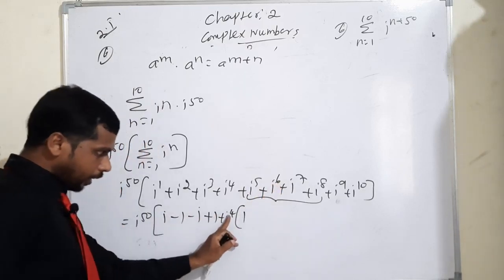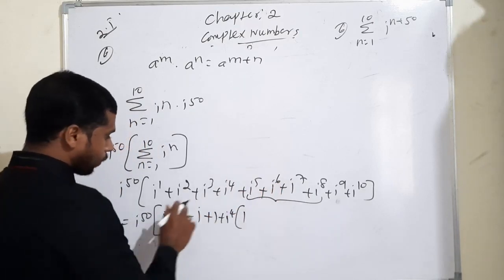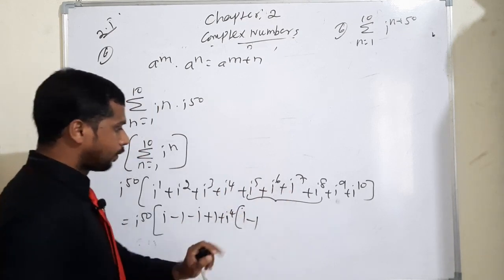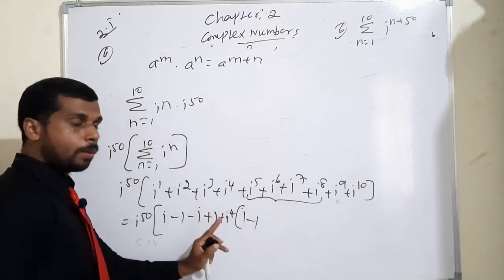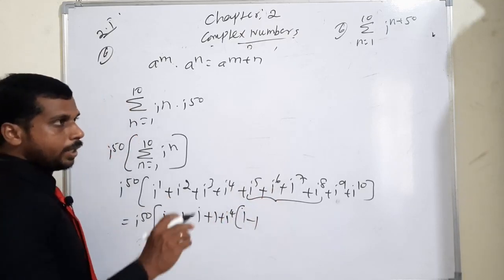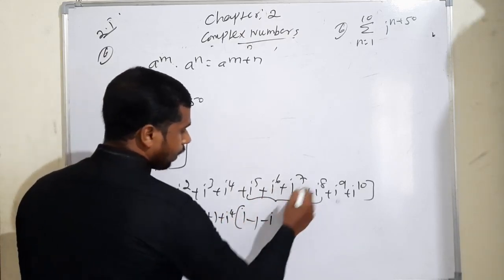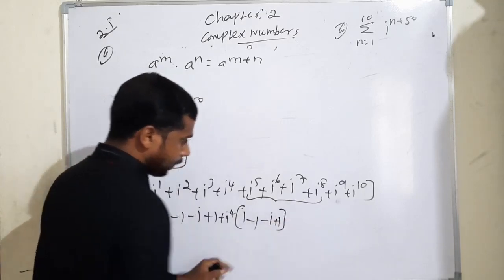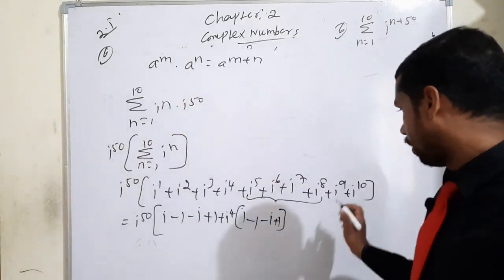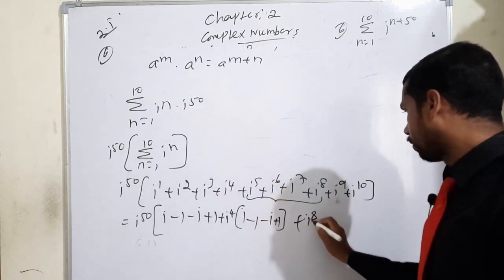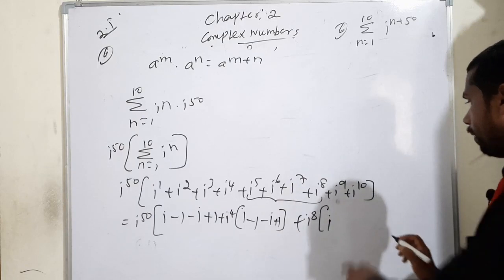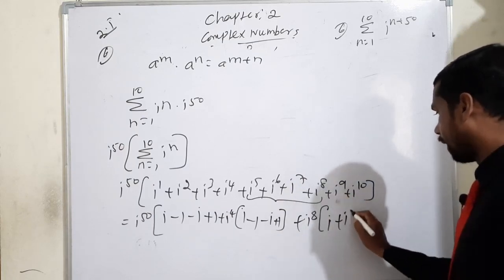Balance I square means minus 1, and I cube means minus I. The last one, I power 4, means positive 1. The last two terms we can write: common outside I to the power 8, inside I will come, and the last one plus I square will come.